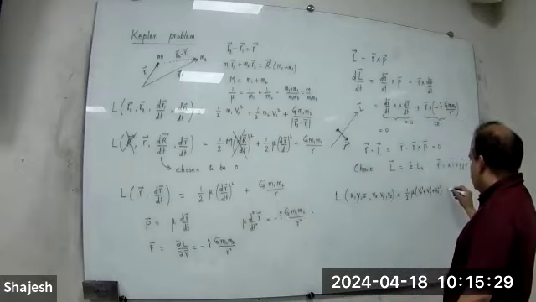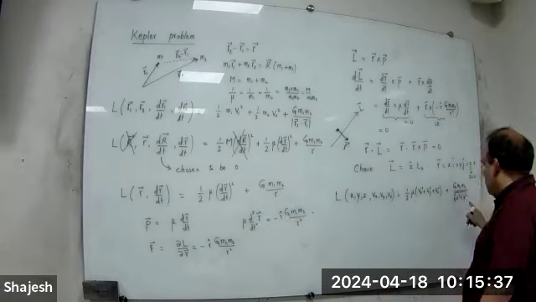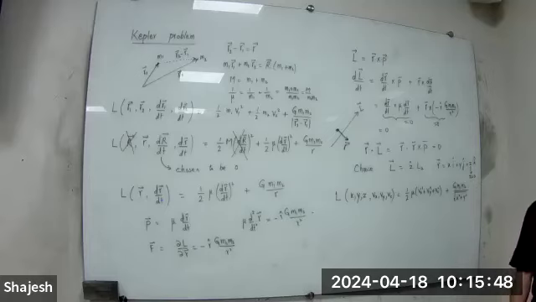And this is plus G M1 M2 over the square root of x squared plus y squared. There is no z squared, notice, because I've used this to be equal to 0. So that's the difference that happens in here.